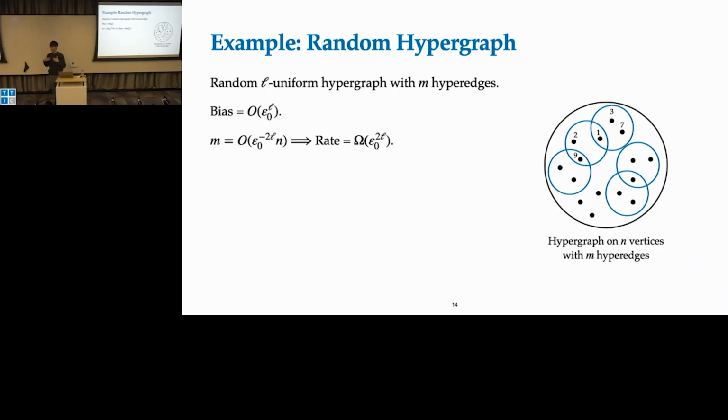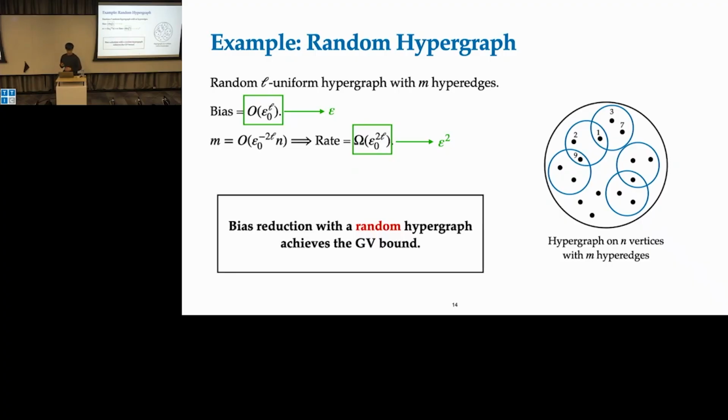So if we have a target epsilon, we choose them so that this term equals epsilon, and then this term is epsilon squared. The takeaway here is that bias reduction with a random hypergraph achieves a GV bound. So that's great. Even though a random hypergraph uses too much randomness, at least this gives us some intuition that this framework works.